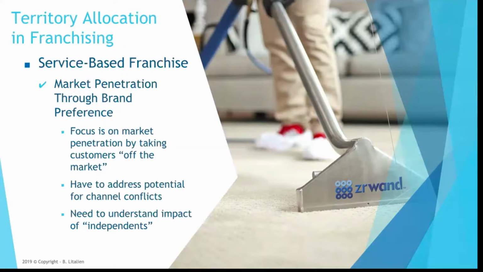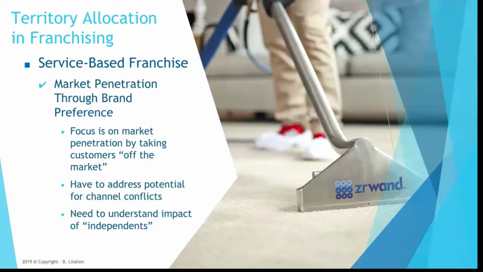And so how do you allocate territory based on a service being provided? Well, in the first case, it's going to be based on the service that's being offered. In the case of carpet cleaning, of course, you have both residential and commercial. So decisions will need to be made. Am I going to allocate territory the same way? And if so, what kind of challenges might I have?